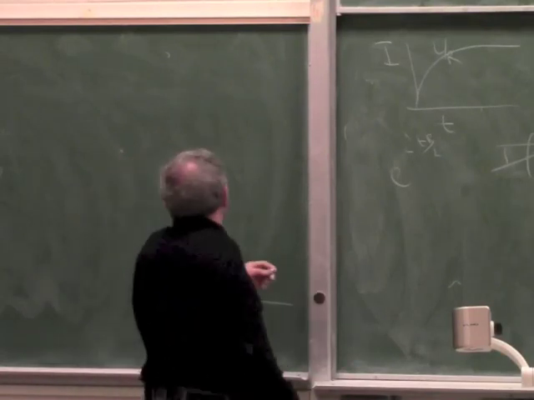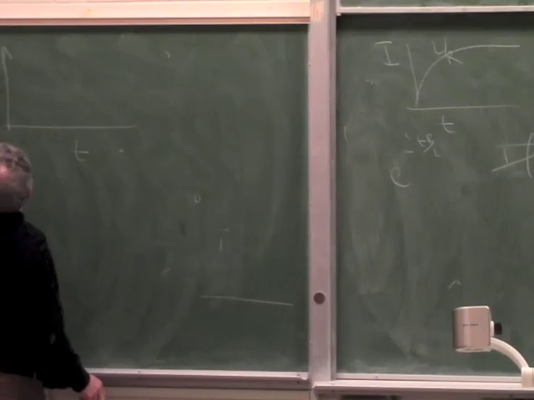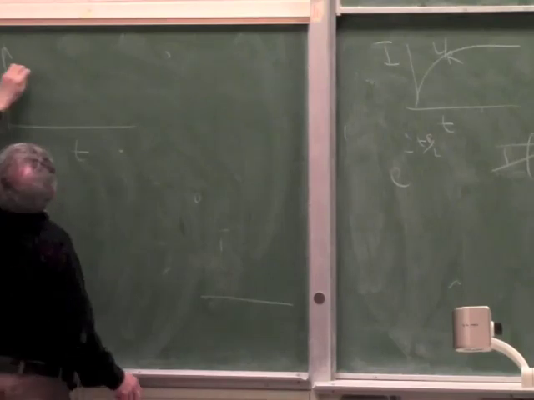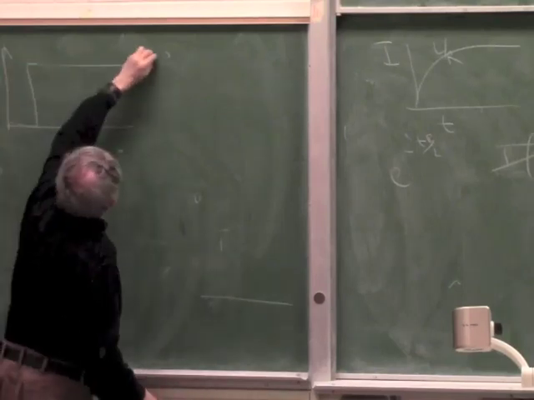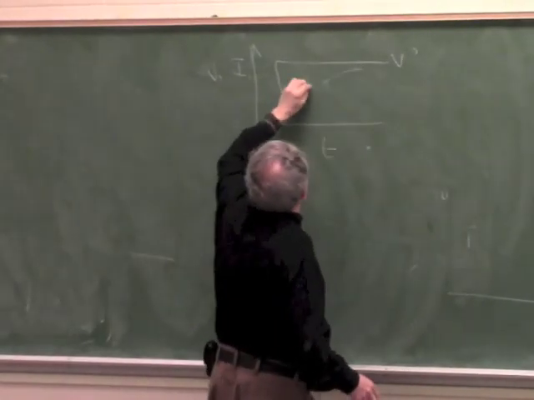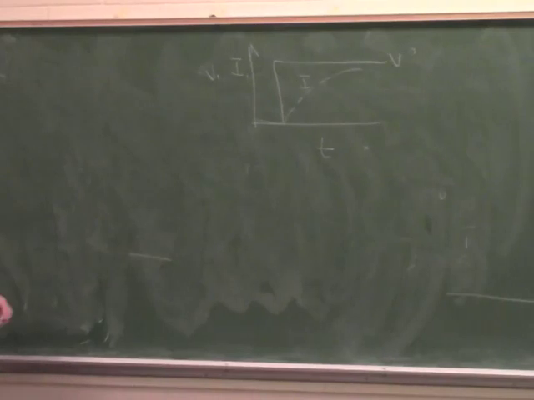So in a normal stepper drive, if this is T, and this is I and V, you step up the voltage, and I looks like this. I climbs slowly because of the inductance, but you can do something else.